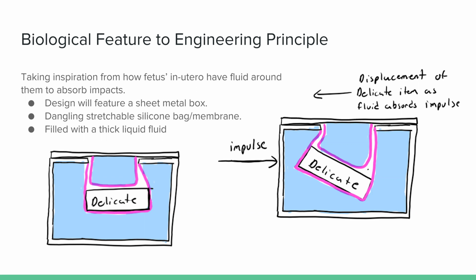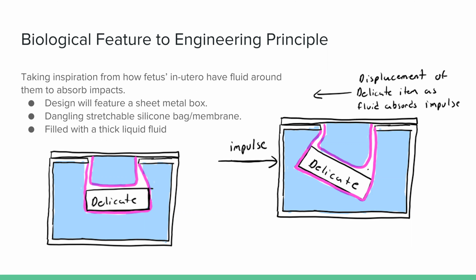Taking inspiration from how fetuses in utero have fluid around them to absorb impacts, the design will feature an aluminum enclosure that will contain a thick gel and a stretchable silicone bag in the middle.